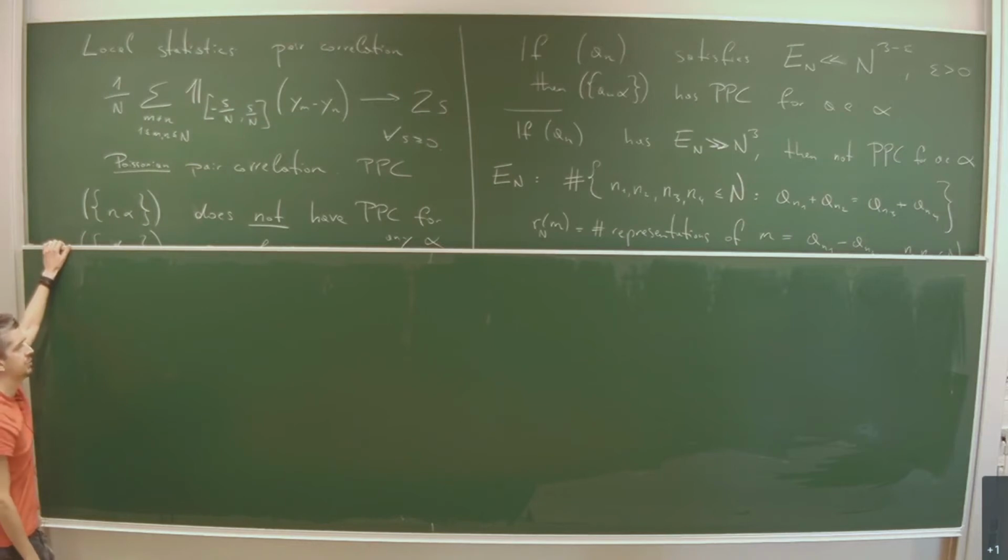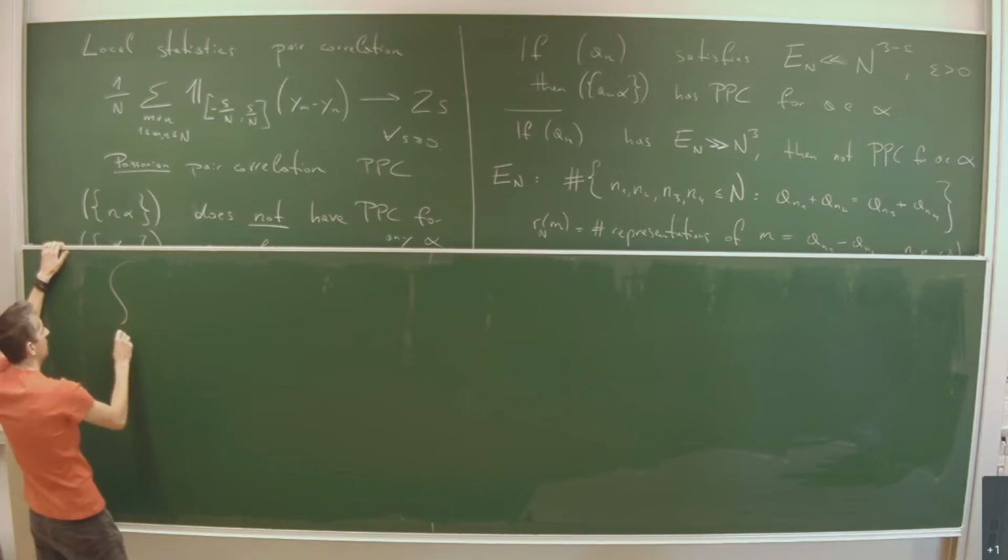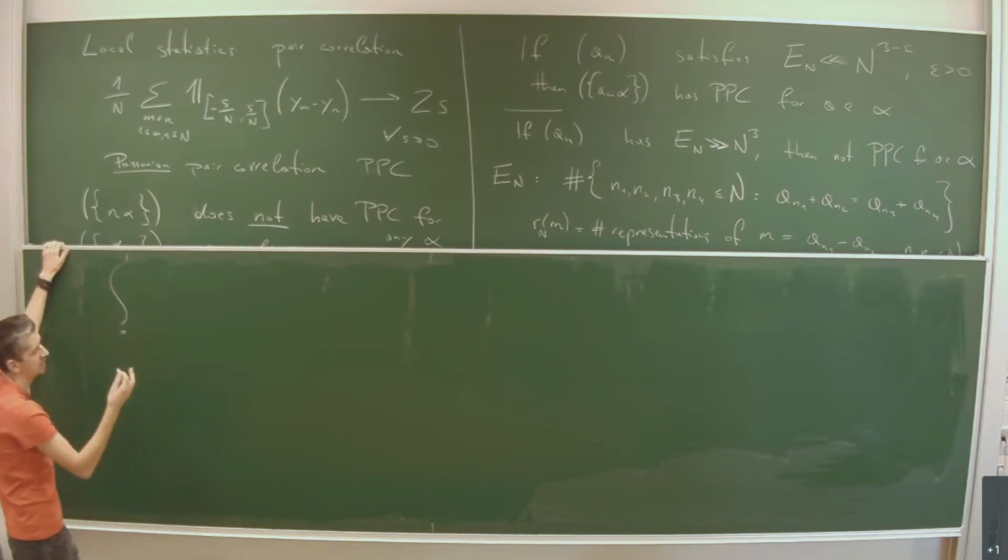If you want to prove metric results, what you always do is you estimate or you calculate expectations and you calculate variances. Then you try to apply Chebyshev's inequality and the Borel-Cantelli lemma, and then you're done if everything works out. So we have to estimate first and second moments. So we integrate. We try to get a metric result in alpha.